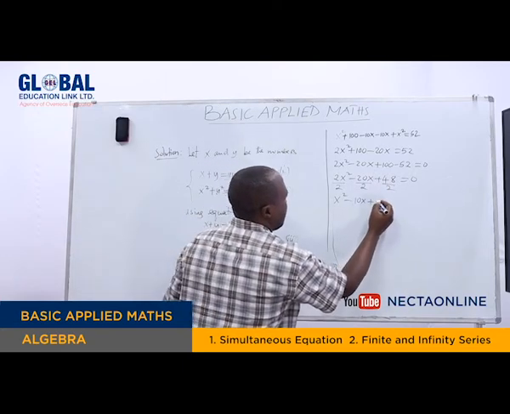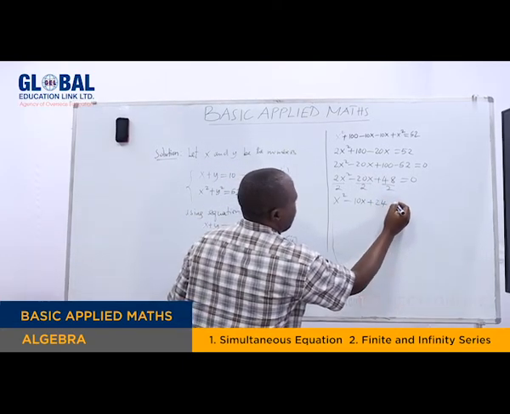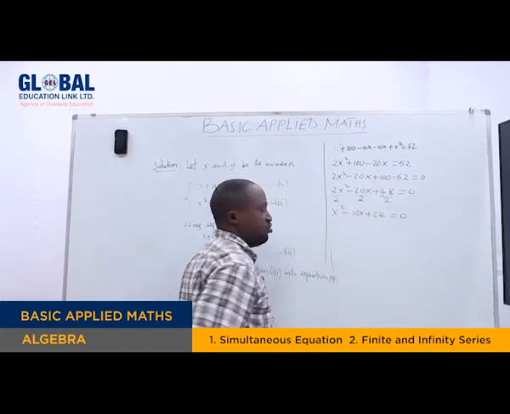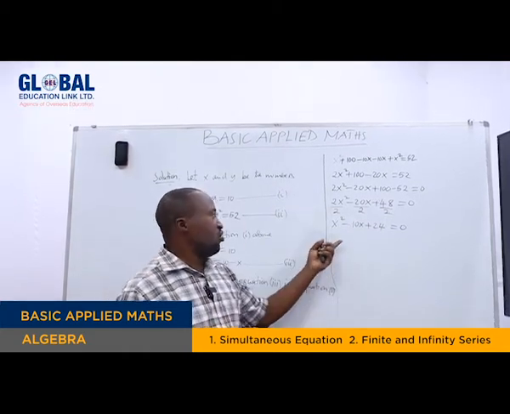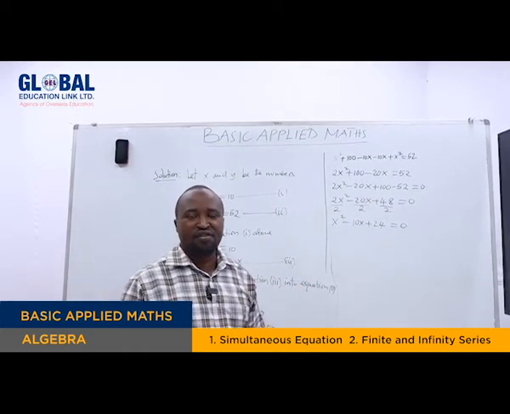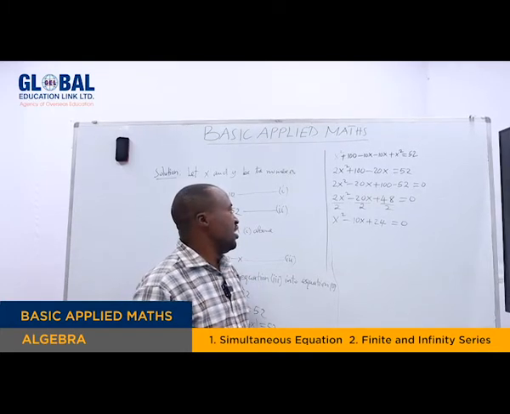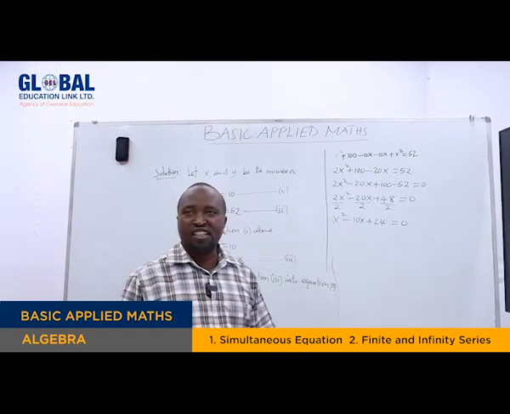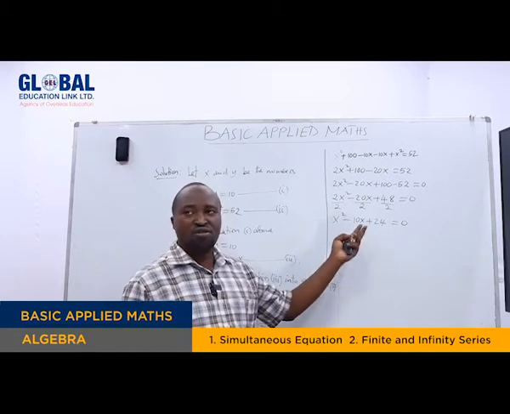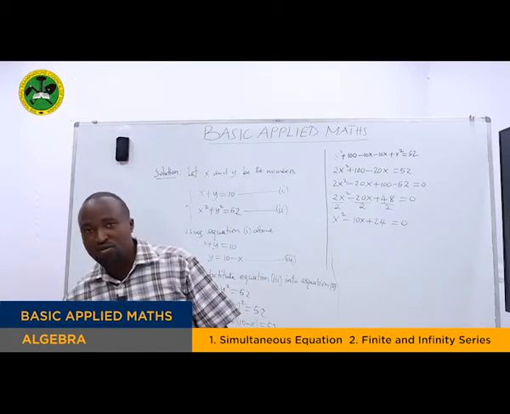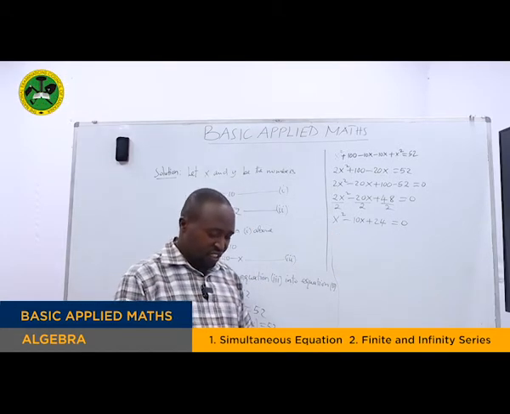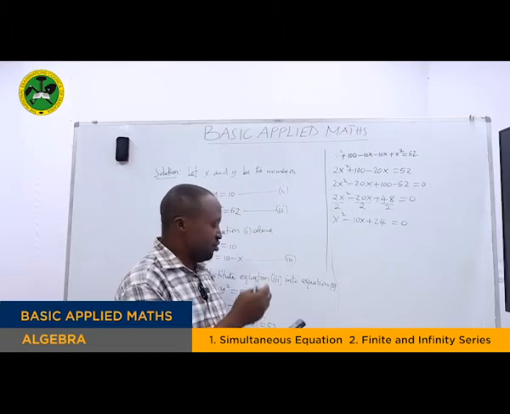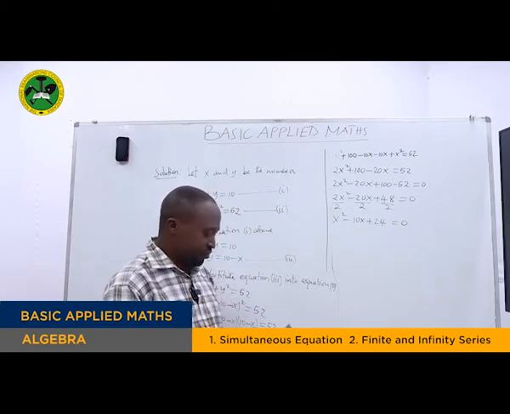This one is 24, which is equal to 0. Now, here we have a quadratic equation. You can use your scientific calculator to find the possible values of x. Now, just take your calculator and find the values for that quadratic equation.